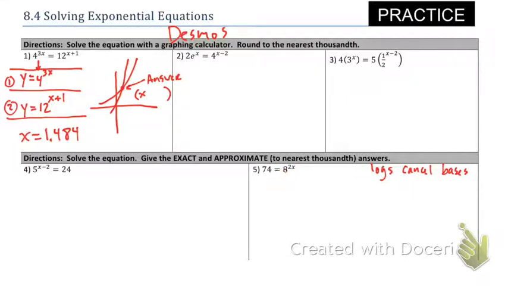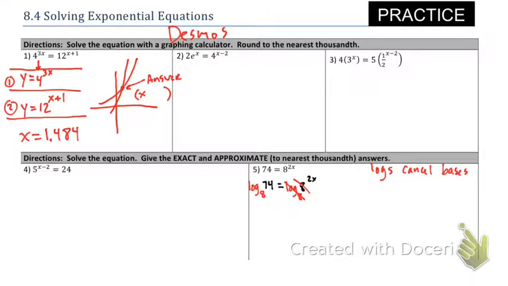To cancel the base, it's very simple. So let's rewrite this. And to cancel the base, I'm going to do log of the same base to both sides. Okay, this eliminates the base and cancels out the log.